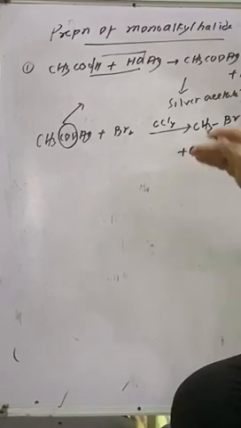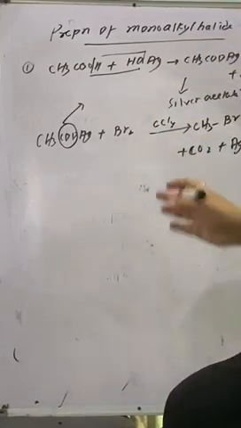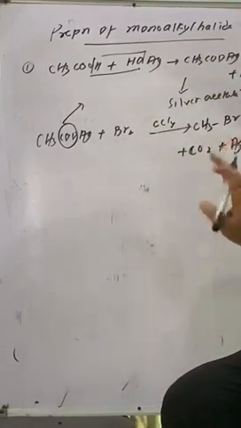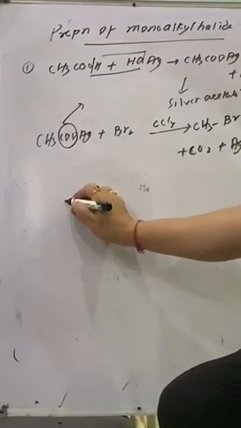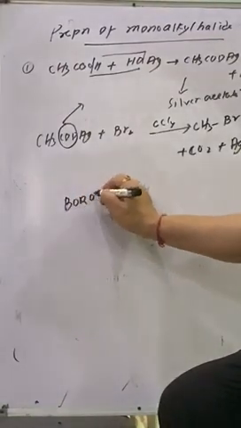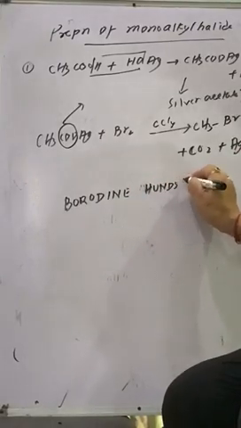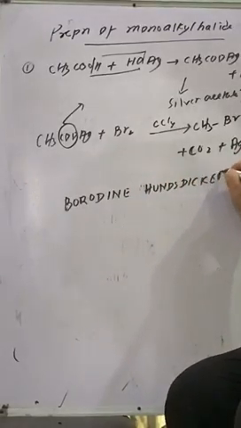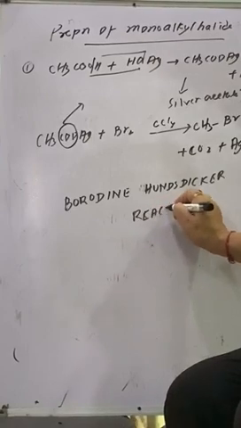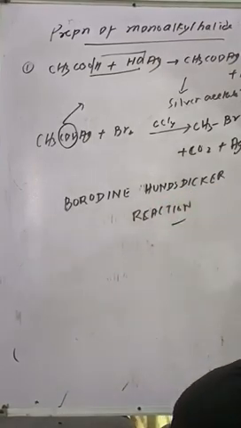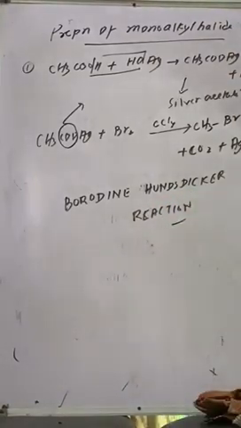You get all three components: CH3Br plus CO2 plus AgBr. This is called the Borodin-Hunsdiecker reaction. So we have taken the Borodin-Hunsdiecker reaction into account over here.